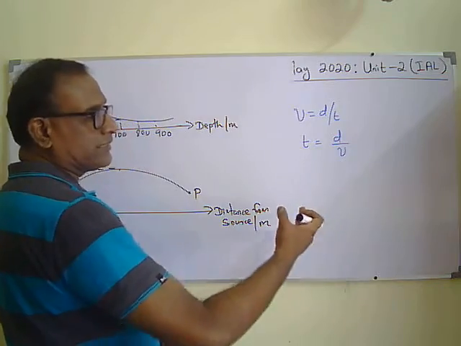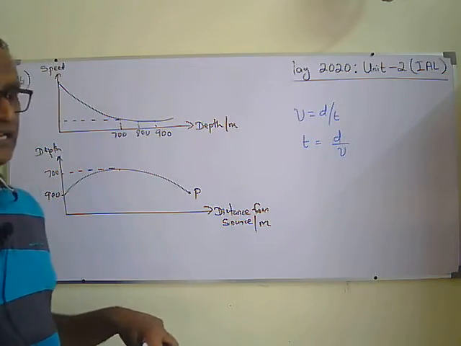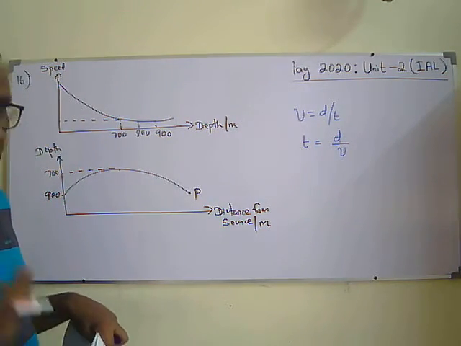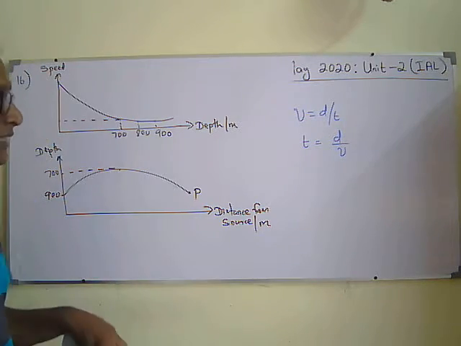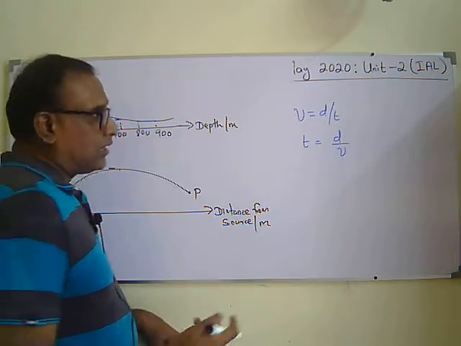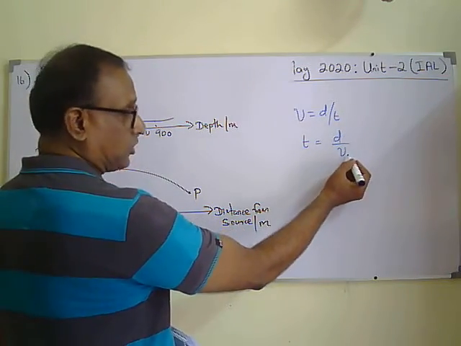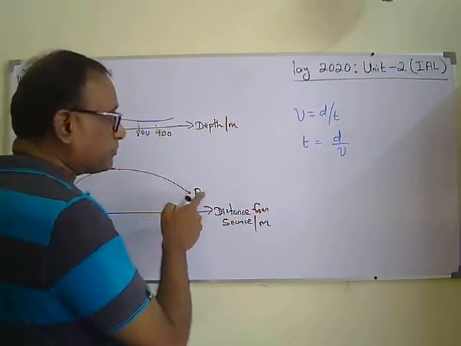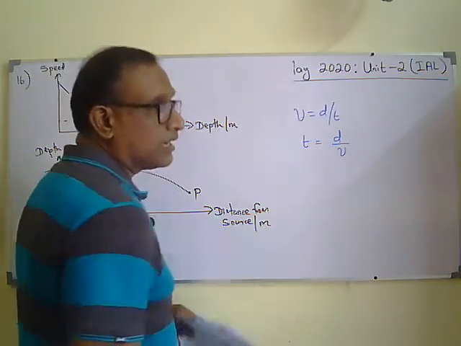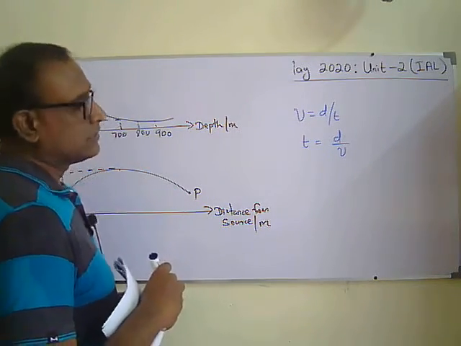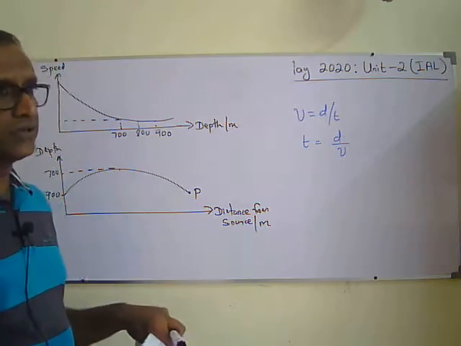So there is no specific thing. Unless we substitute the values, we can't get any accurate answer. But since they asked, we have to tell that. Straight travel, distance is short, speed is also lower. Along the curved path, distance is longer, speed is higher. That's all. We can't give any conclusion based on that.